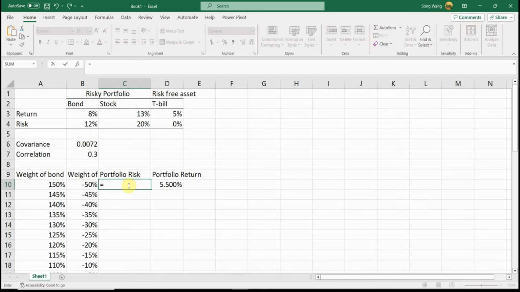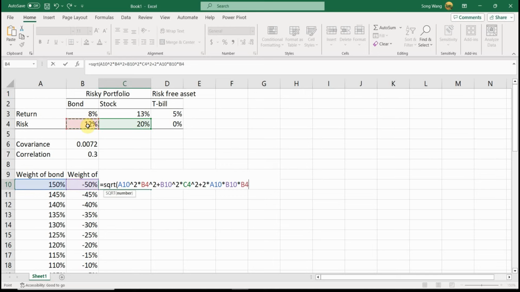The portfolio risk is a different animal. You're going to use a square root, and that's the formula you need to follow. So the square root of weight of bond squared times the risk of the bond squared, plus weight of stock squared times the risk of the stock squared, plus 2 times weight of bond times weight of stock times risk of bond times risk of stock times the correlation.